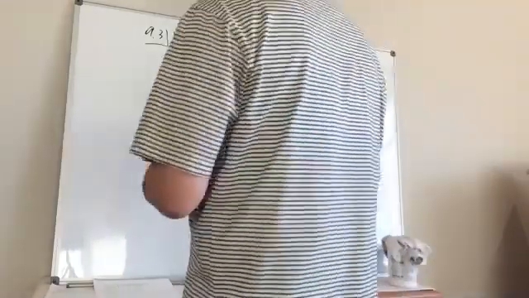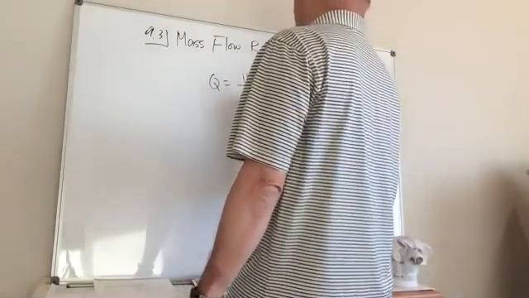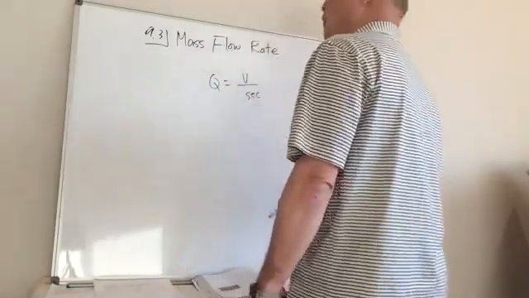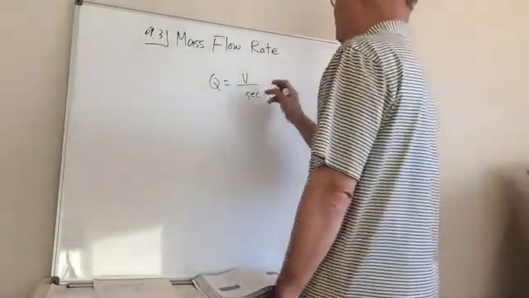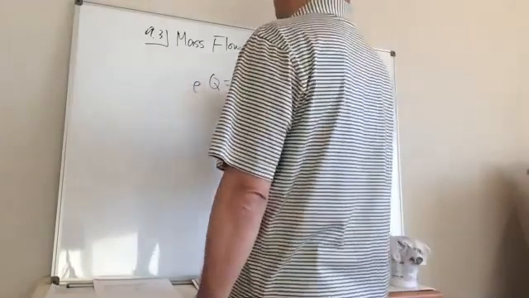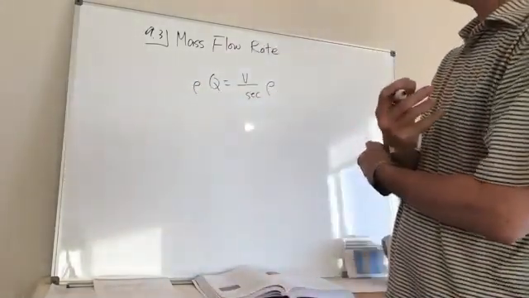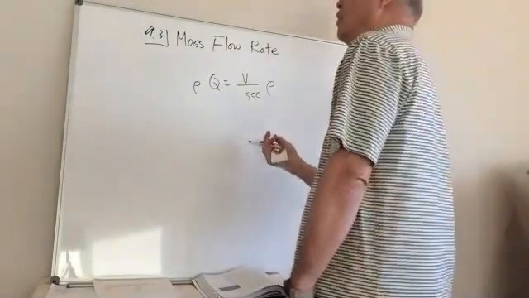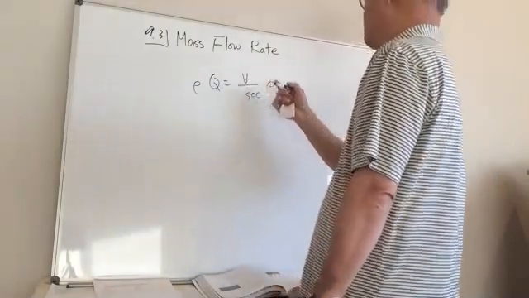So the volumetric flow rate, Q, was basically volume per second, right? Mass flow rate is nothing more than if I multiplied both sides by the density. It's the same concept here. All you're doing is multiplying the density by the volumetric flow rate.